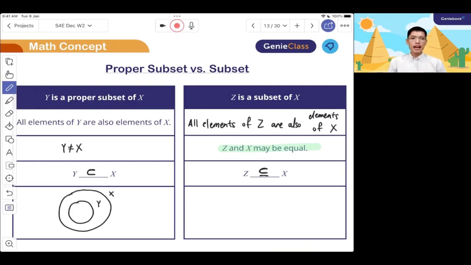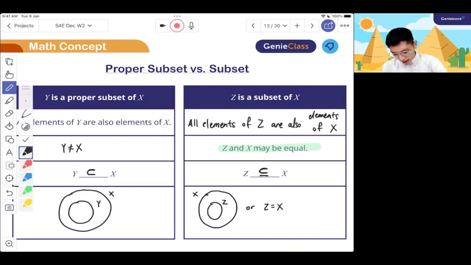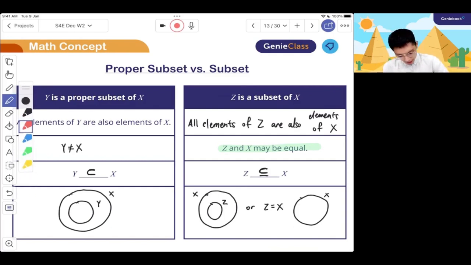But for a subset, I can have two choices since it may be equal. So it can be, if you are smaller than me, I still let you be here. But if you are equal, which is the notion of, let's say this is my set X, and somehow my subset is going to be over here.